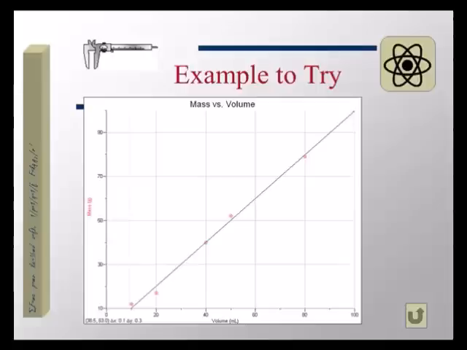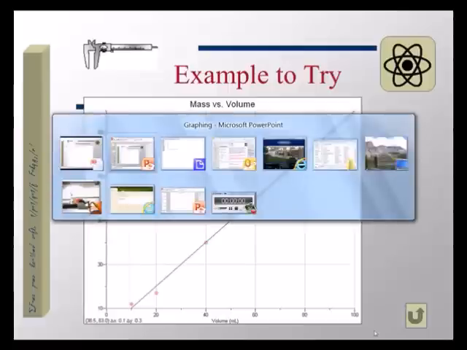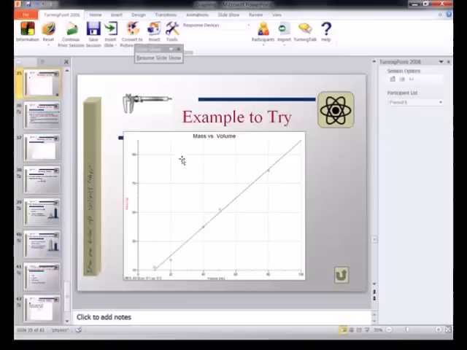In fact, let me sketch this over here so I have a record of it. This is mass in grams, and this is volume in milliliters. And my lines look something like that. The point that I was looking at right here had coordinates 80 milliliters, 80 grams.